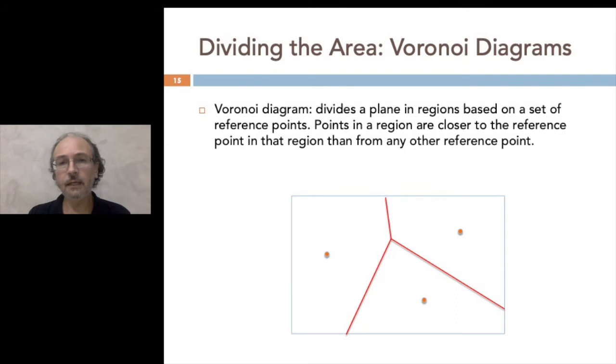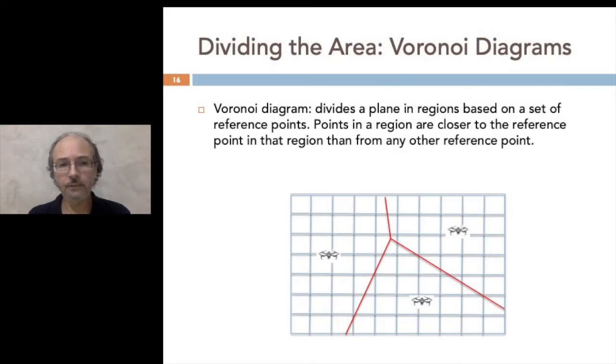And a Voronoi diagram divides the plane in regions in such a way that a region where a reference point is corresponds to those points in the plane who are closer to that reference point than from any other reference point. That is, Voronoi diagrams divide the plane based on distance, proximity.